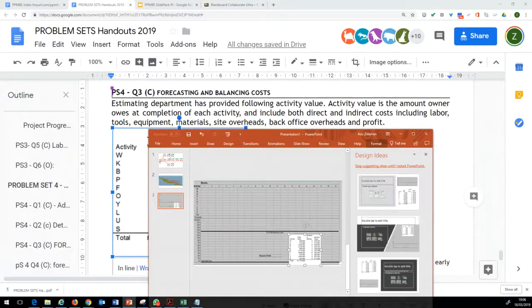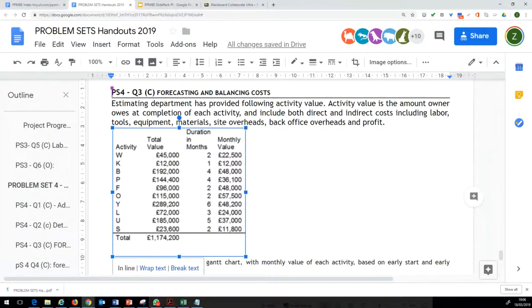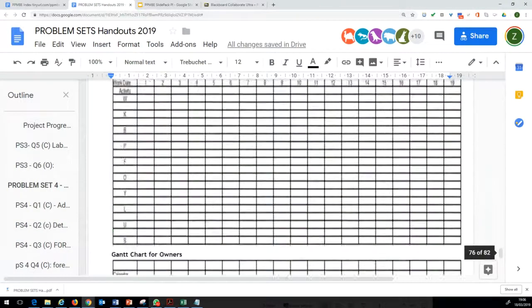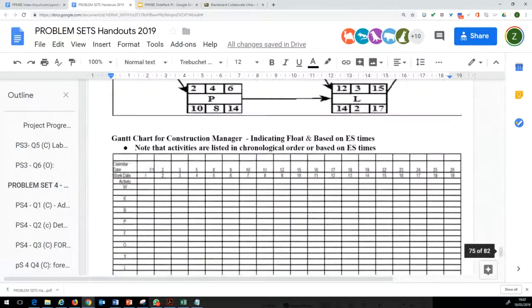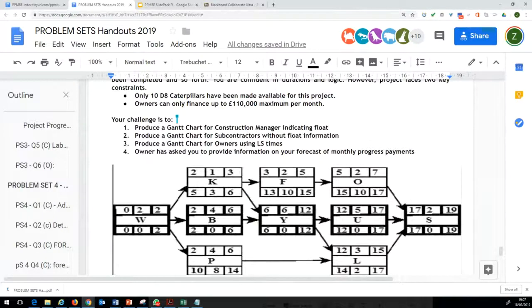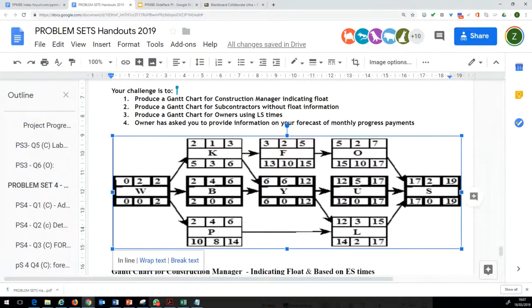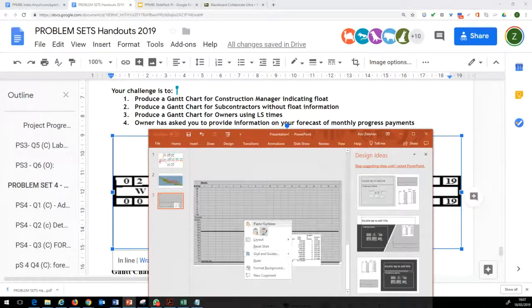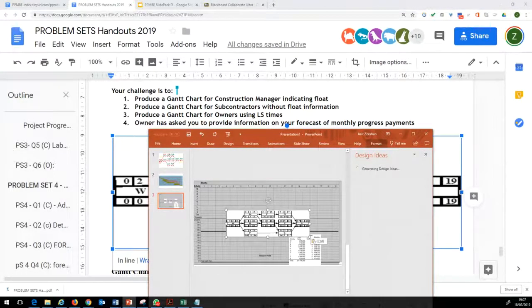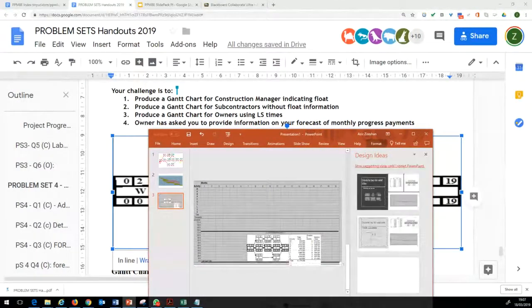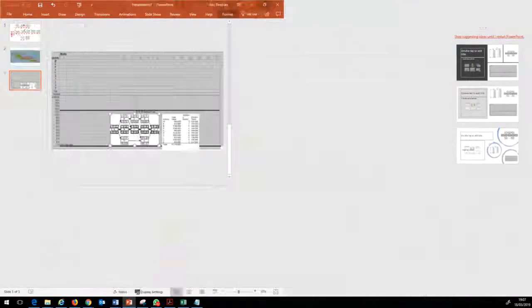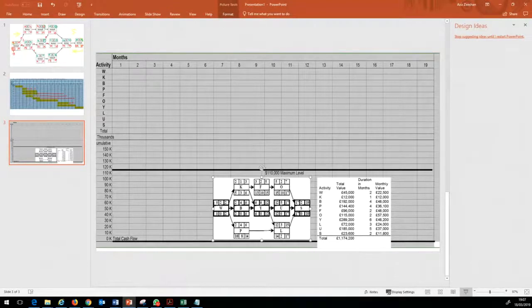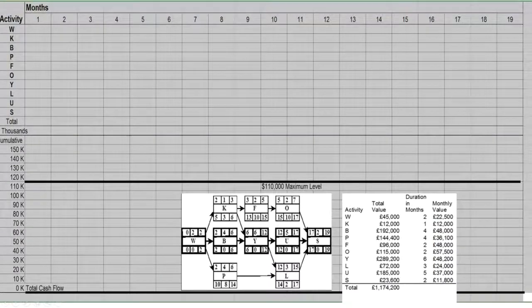For the time being, I'm not drawing a cost histogram, so I will put it at the bottom section of my screen. And obviously we need the network diagram to pull the relevant information. Okay, so let's go to the presentation mode and start creating a cost loaded bar chart of our project.